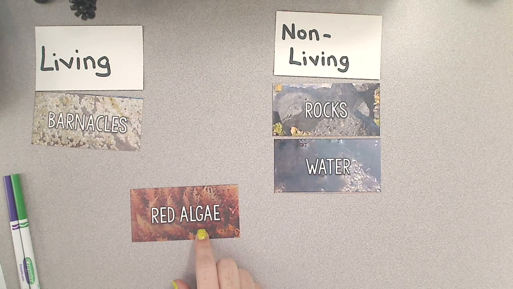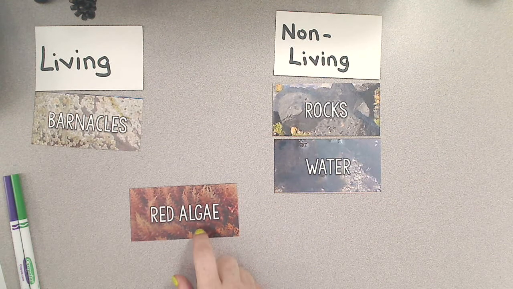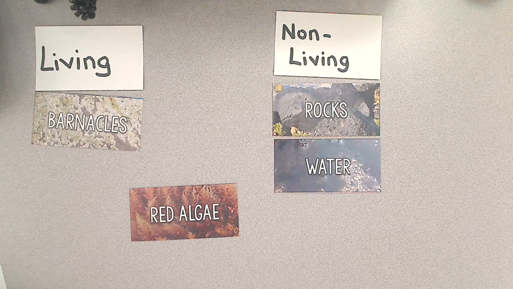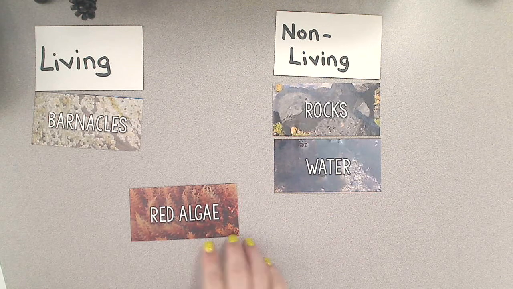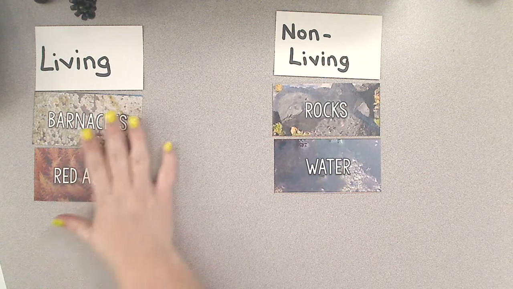Plants make their own food using sunlight, oxygen, nutrients, and water. They grow, they adapt and evolve, they respond to environmental stimulus, they reproduce, whether through seeds or extensions of their roots. So we know that red algae is living.